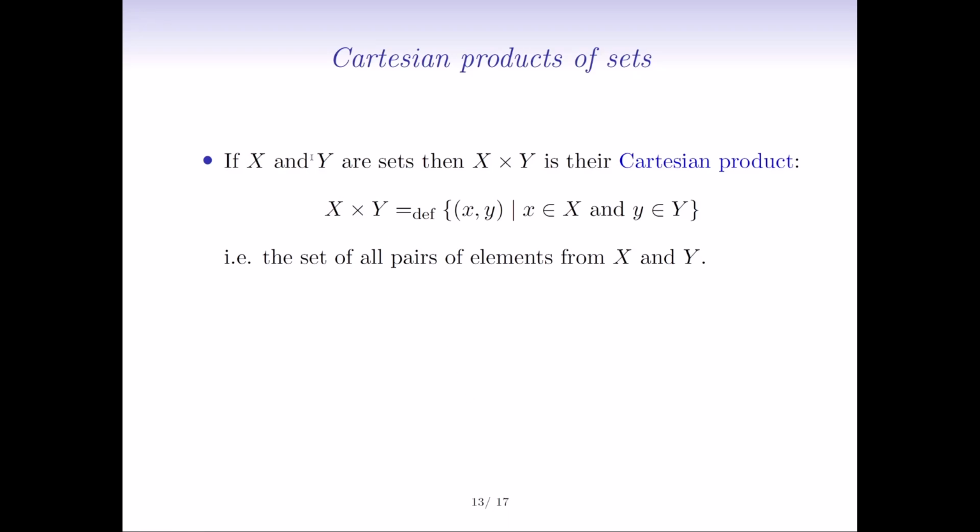If X and Y are sets, then we write X cross Y for what is called their Cartesian product, which is defined by X cross Y is equal to all the pairs (x, y), such that little x belongs to big X and little y belongs to big Y. So the set of all pairs of elements from X and Y respectively. Now, of course, there's a special case of this where X and Y are the same. In that case, X cross X is the set of all pairs of elements just from X.